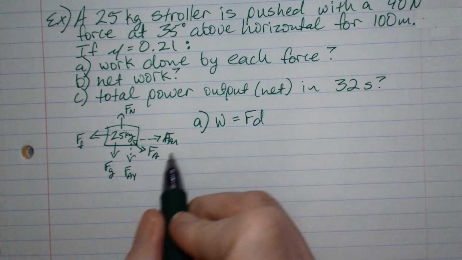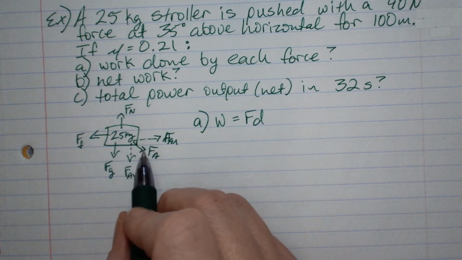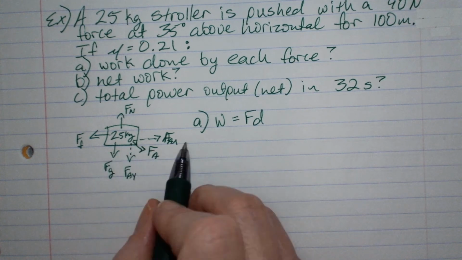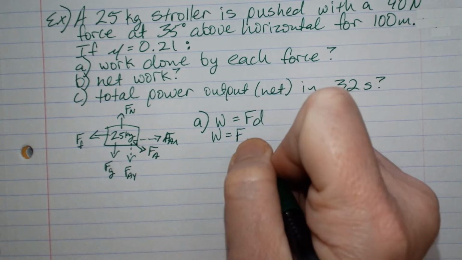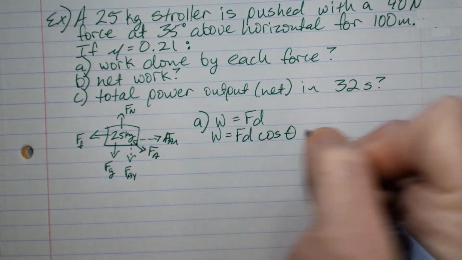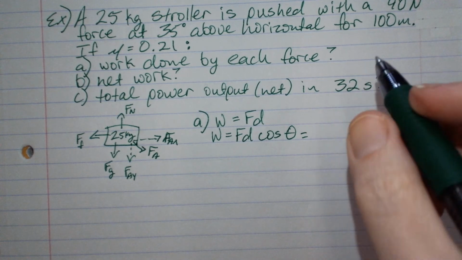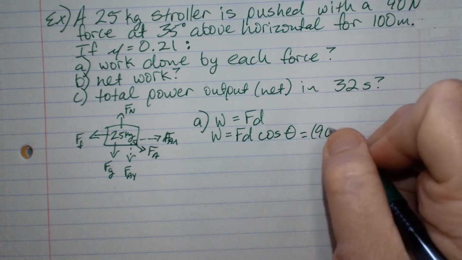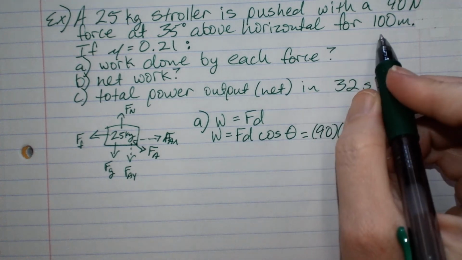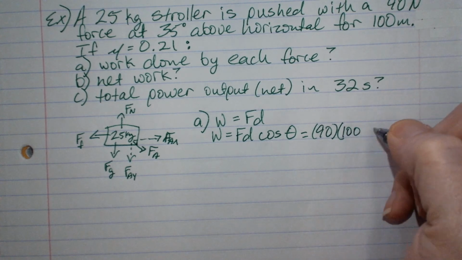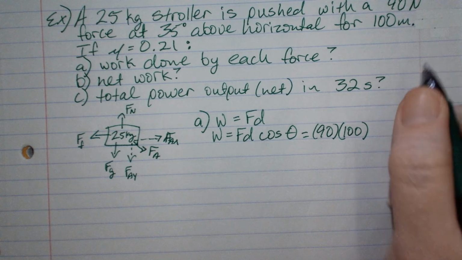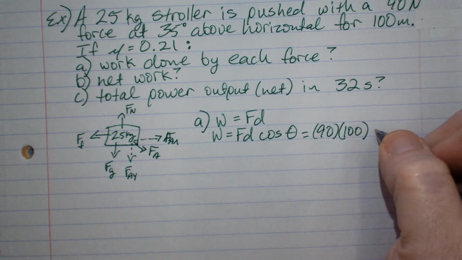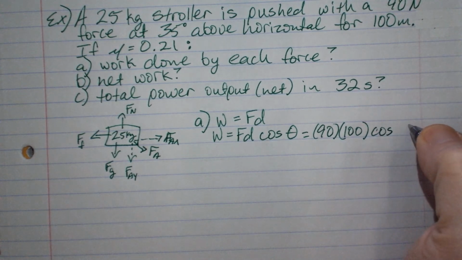Well, the FAX is at an angle, so I'm going to use work is F d cosine theta. My force is 90 newtons. My displacement is 100 meters. And I'm directing it at a 35-degree angle, so cosine 35.